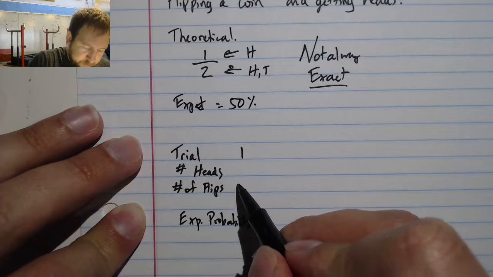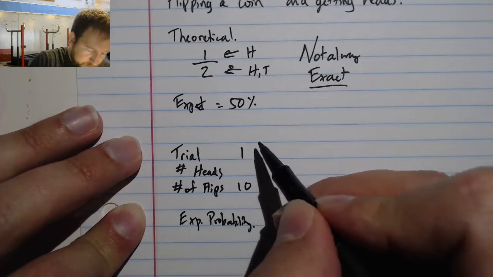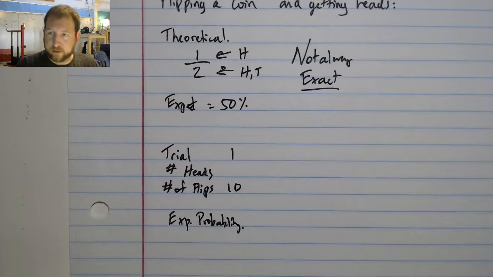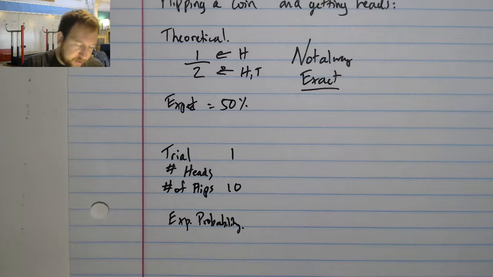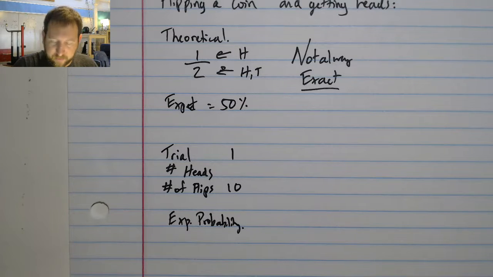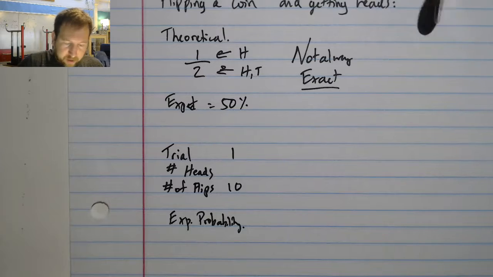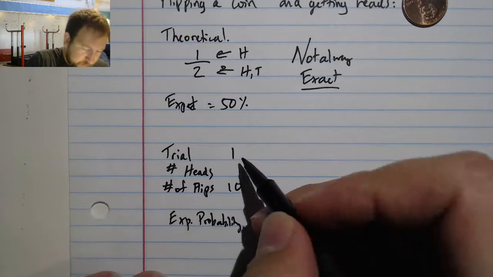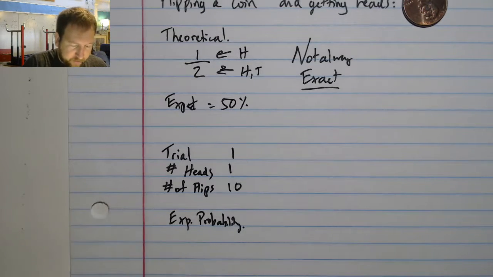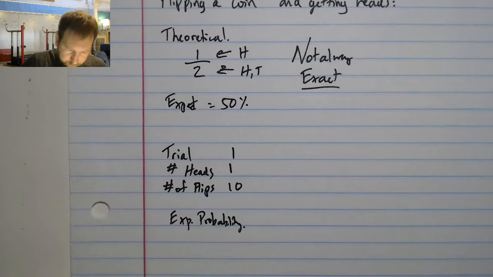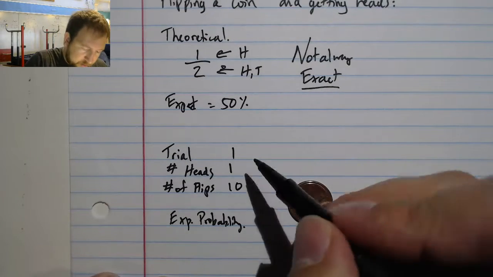So here I'm going to record for my trial 1. I'm going to record 10 flips. And sometimes I'll even have a little tally that I can write, so I'll do that to be easy. And I'll try to flip them on screen so you can see. Heads 1, and I'm going for 10 flips. 1, 2, that's another heads.